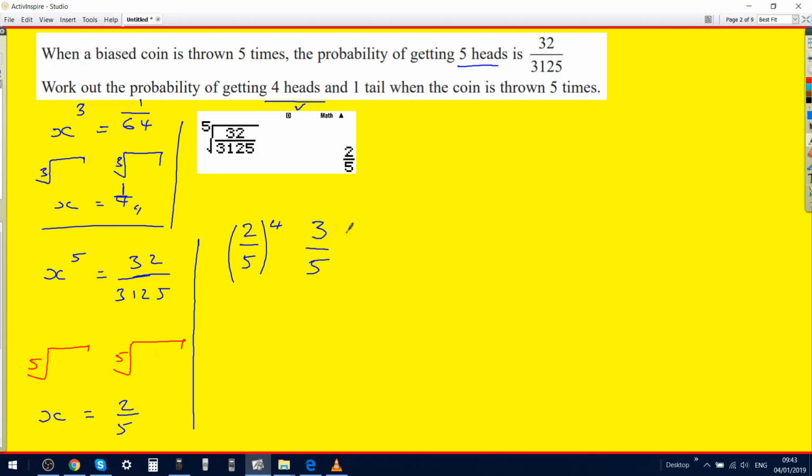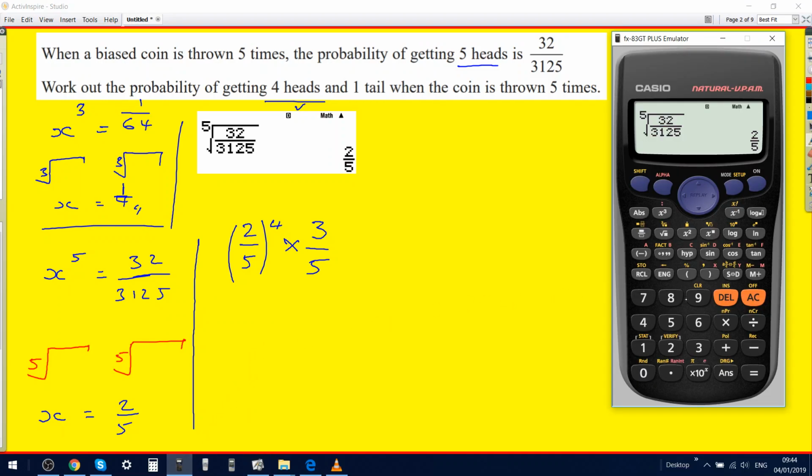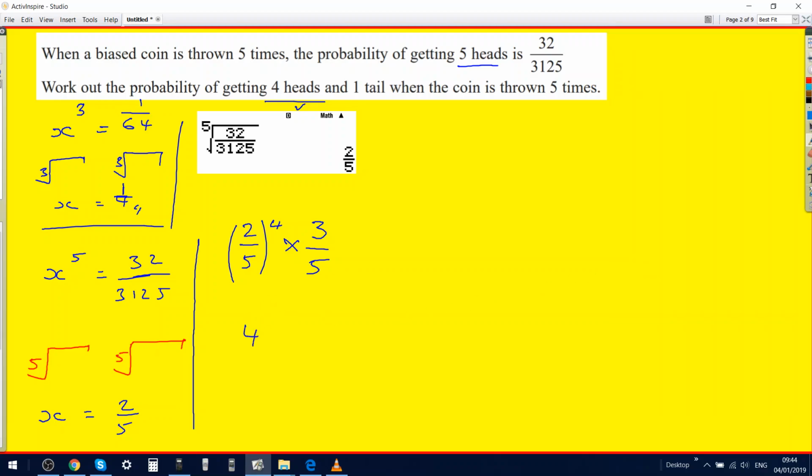If you were adding them, then that would be for either or. They get either a head or a tail, so it would increase their chances. And yeah, you times them because it's both 4 heads and a tail. That's it. And what do you get? 1,325. Yeah.